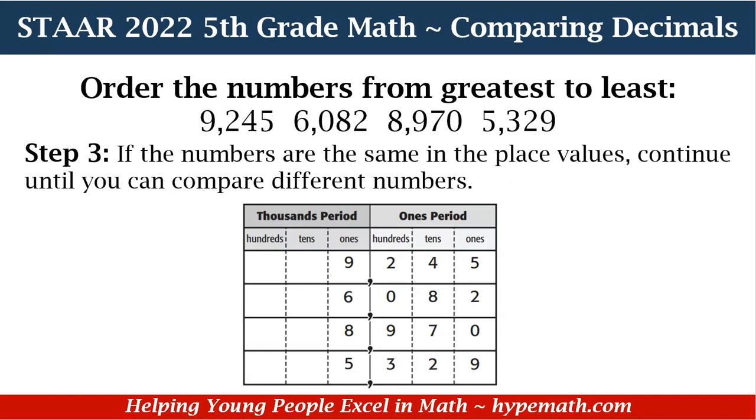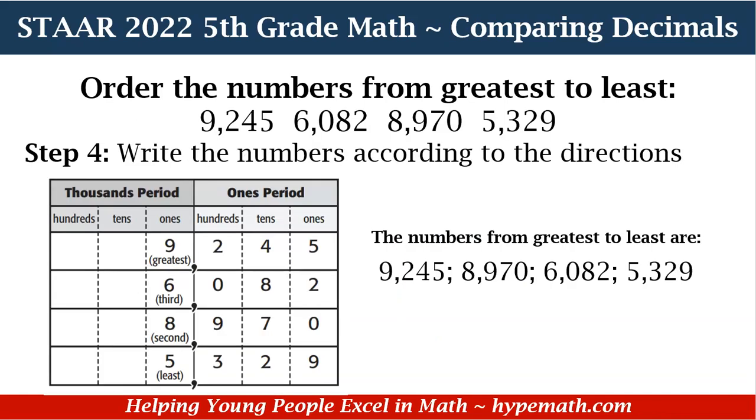Now we can go to step 4. So we're listing our numbers from greatest to least. So when we're looking and focusing on the ones place in the thousands category, we see again we have a 9, 6, 8, and 5. And we are going to ask ourselves, what is the largest number in this list? And it is 9. So 9,245 would be the first number in our list.